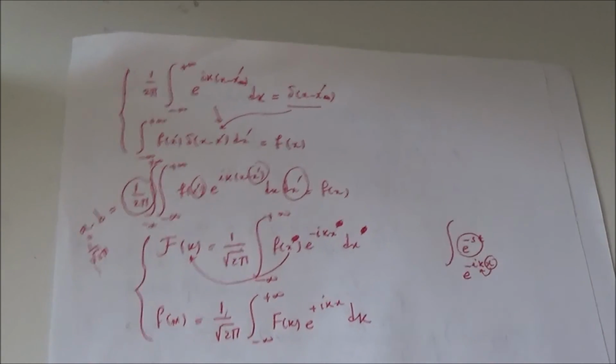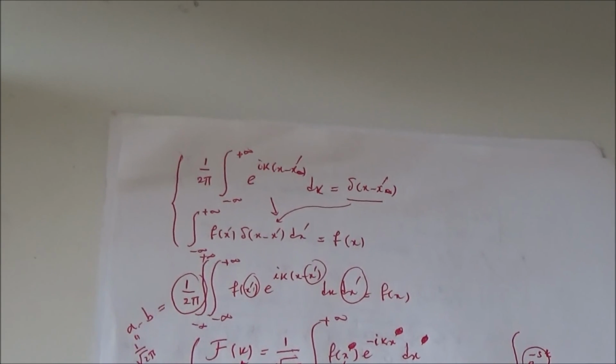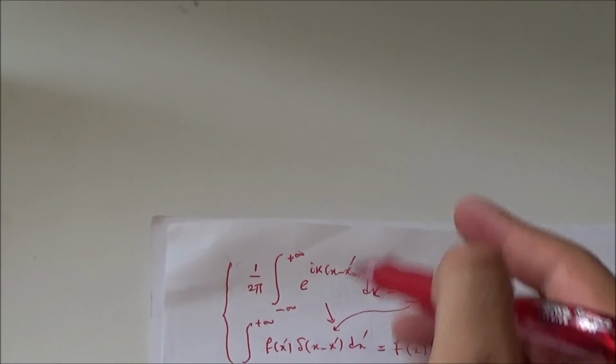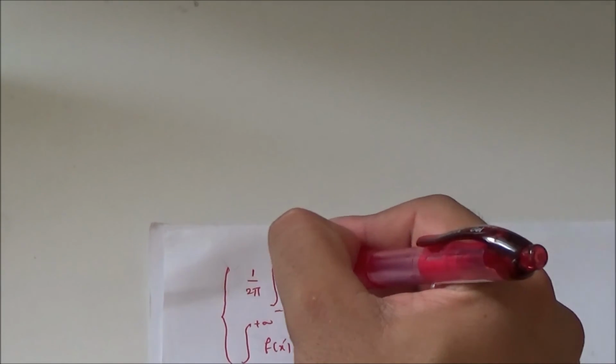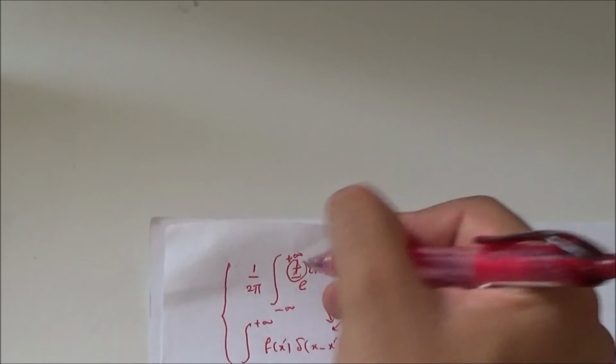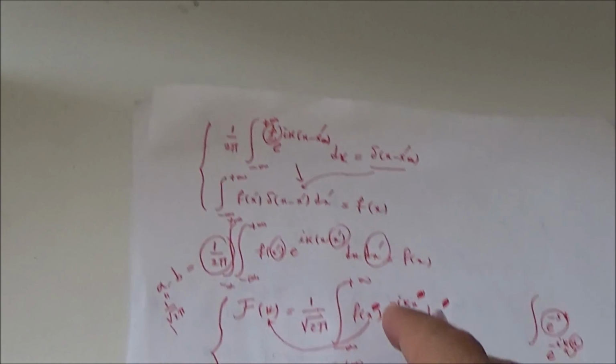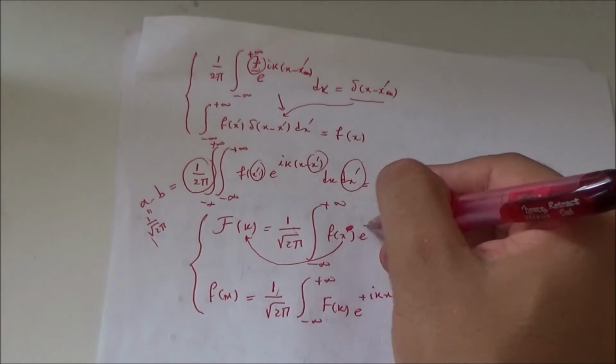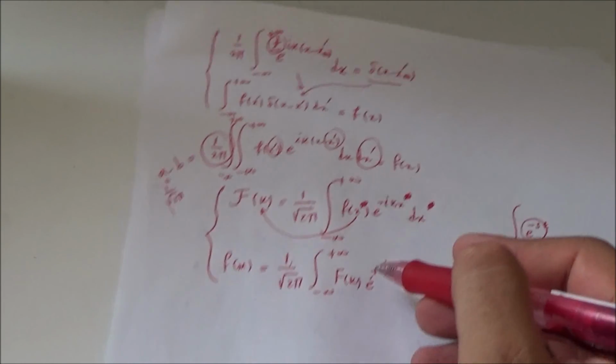At the end of this video, I will emphasize that I can change this plus or minus here. This can be plus or minus, so that if this is minus, this should be plus.